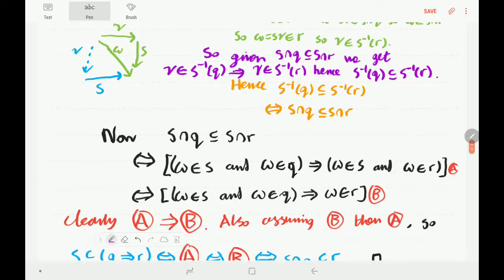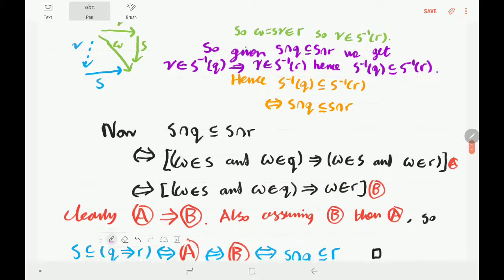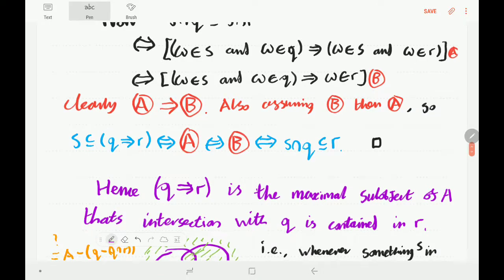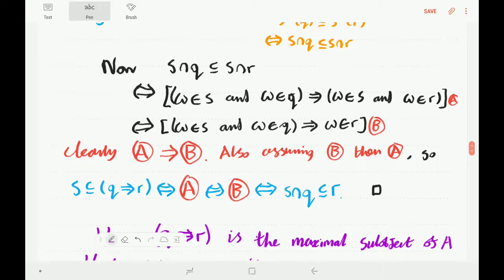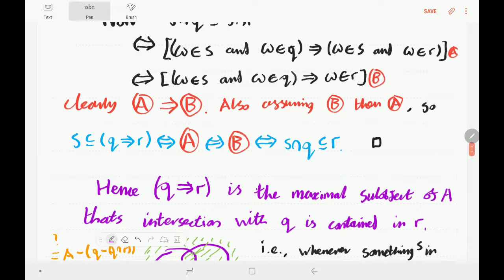Now this is equivalent to saying that whenever w is a member of s and w is a member of q, we have that w is a member of s and w is a member of r, and that's equivalent to saying that whenever w is a member of s and w is a member of q, we have that w is a member of r. So in other words, this black statement here is equivalent to saying that s intersection q is contained in r. So we've finally got our result.